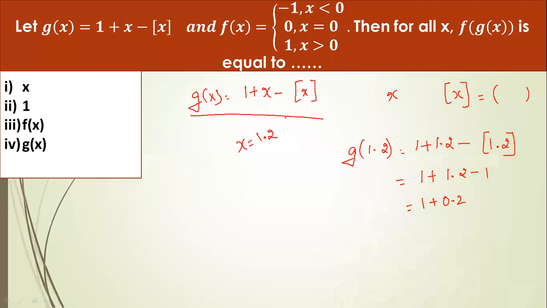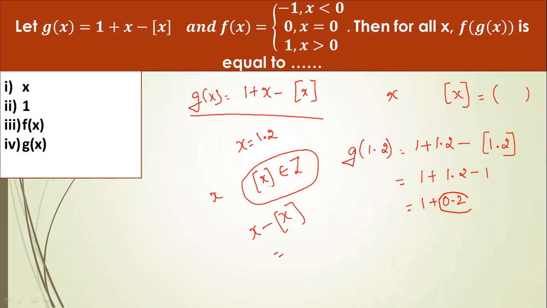Whatever your x is, the greatest integer function is always an integer. So from x, if you subtract the integer part, separating the integer part from 1.2 and subtracting, what I got is 0.2, which is a value in between 0 and 1, correct?